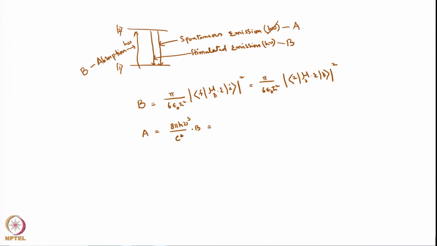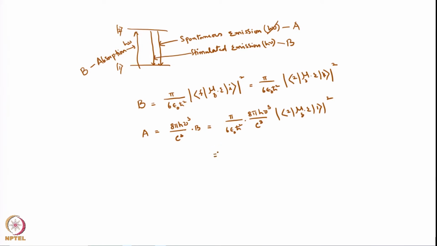So this will turn out to be pi by 6 epsilon naught h bar square into 8 pi h nu cube by c cube into the modulus of the mu z integral along the electric vector, whole square.